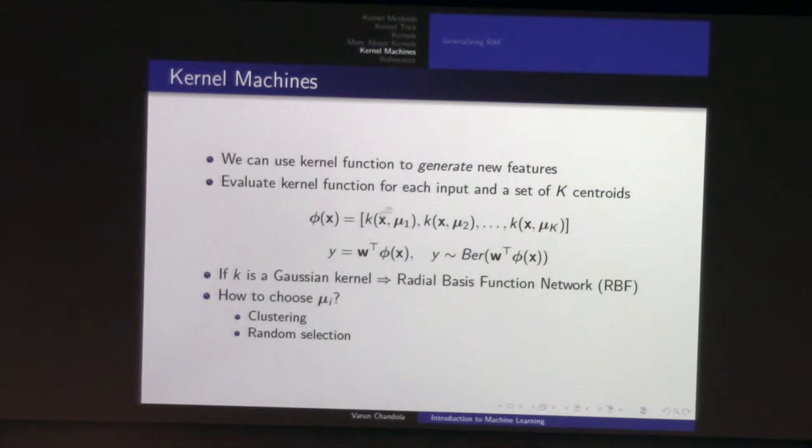However, if you use the Gaussian kernel that we saw earlier, then those classifiers are also called RBF networks or radial basis function networks. So if you think about this, right, between a radial basis function network and a neural network, the only difference is that it only has one hidden layer. Think of this Gaussian kernel, right?